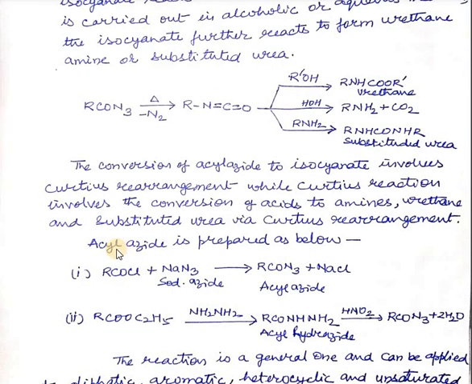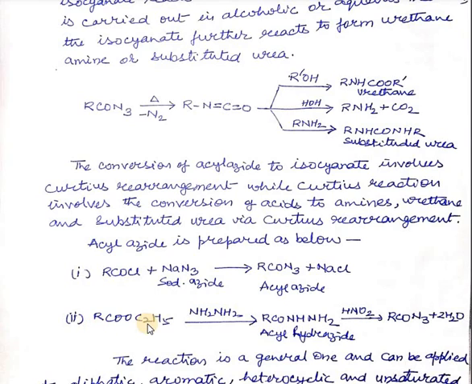Now acyl azide is prepared as below. As I have said here, the whole reaction, the conversion of acid to amine, is called Curtius reaction. So how is this acid azide obtained? When acid chloride, which is obtained from acid itself, is treated with sodium azide, acyl azide is obtained here.